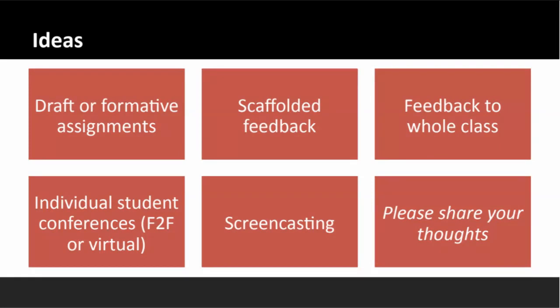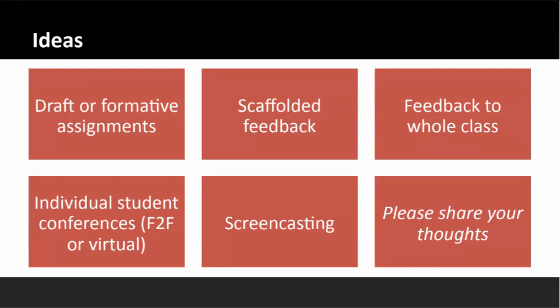Some different things you can do is have draft informative assignments. I teach dissertation research proposal classes, and so I have scaffolded assignments and chunked up the major project so that on those smaller formative assignments, I can give them feedback.